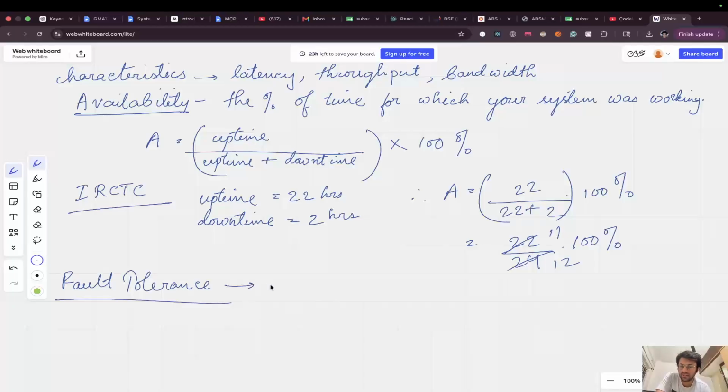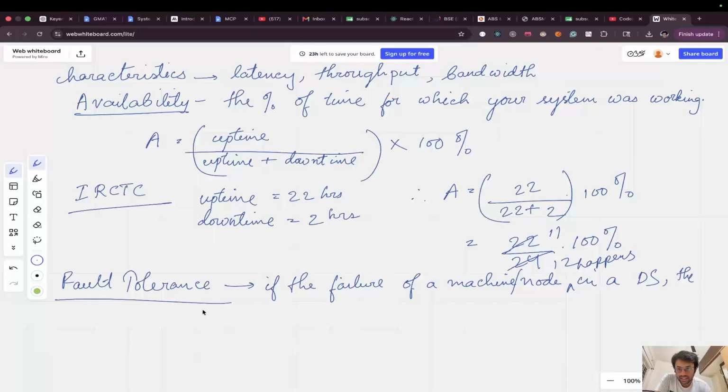What fault tolerance means is, if the failure of a machine, which you can also call a node, in a distributed system happens, the system itself should be smart enough to reallocate the load and take care of it.